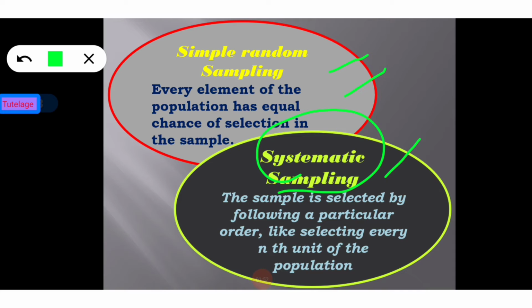Now going to the definition of simple random sampling, every element of the population has an equal chance of selection in the sample. So basically it is meant to be an unbiased representation of a group. In this method, every element of the population has an equal chance of selection.